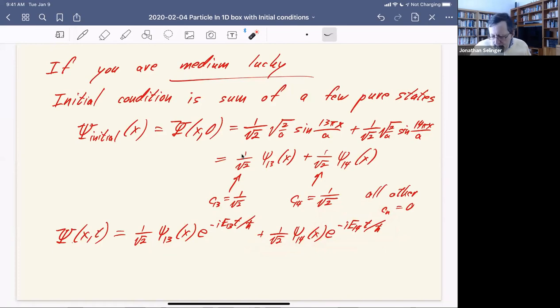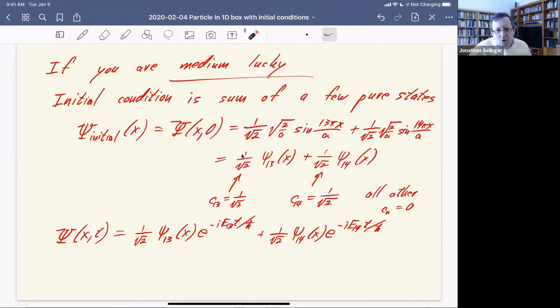Okay. And then this gives us the general wave function depending on time. And then we could make movies of the wave function, or we could make movies of the probability distribution, or we can calculate expectation values that depend on time. Okay, so that's the medium lucky possibility.